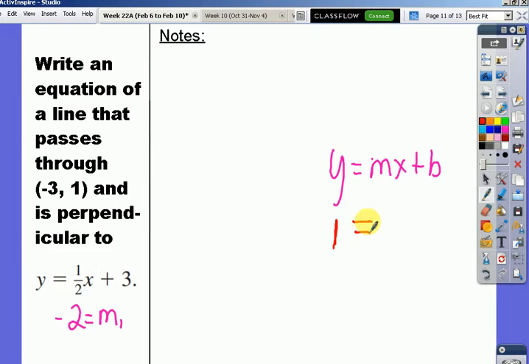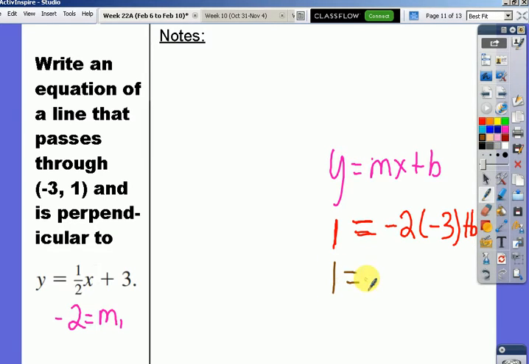What do I plug in for m this time? Negative 2. Remember, for parallel, we plug in the same thing. Perpendicular, we plug in negative 2. So that's the only difference there. What do I plug in for x? Negative 3, and then I'm solving for b. So that's nothing different, yeah? It's just more practice on what we did.